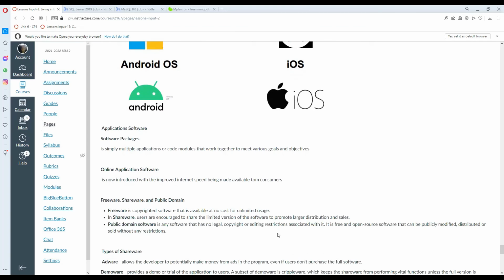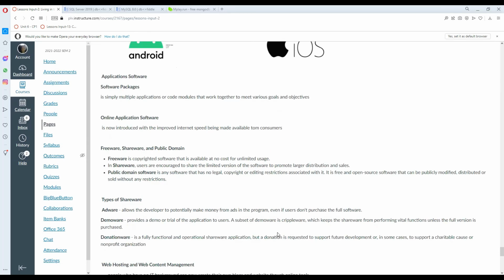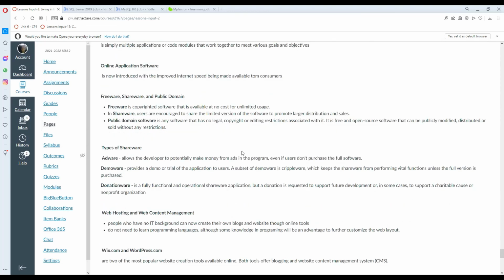Application software, we have software packages. Simply multiple applications or called modules working together to meet various goals and objectives. We have also online application software introduced with the improved internet speed being made available to consumers. We have freeware, which is copyright software available at no cost for limited use.